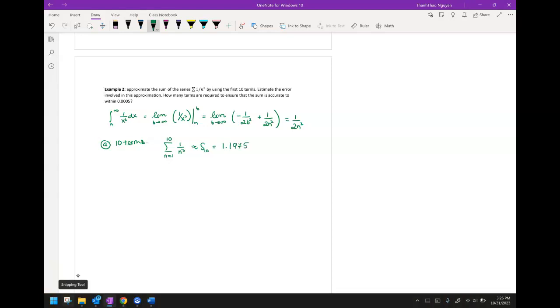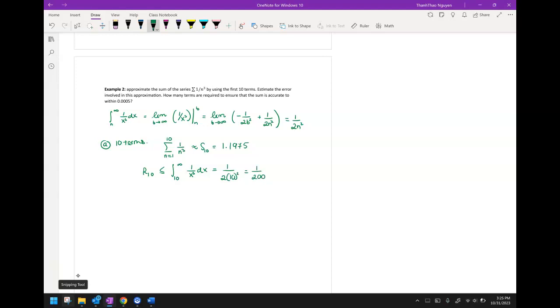Okay, so according to the remainder theorem, this means R sub 10 is less than or equal to the integral from 10 to infinity of 1 over x to the third dx, which equals 1 over 2 times 10 squared, that equals 1 over 200.